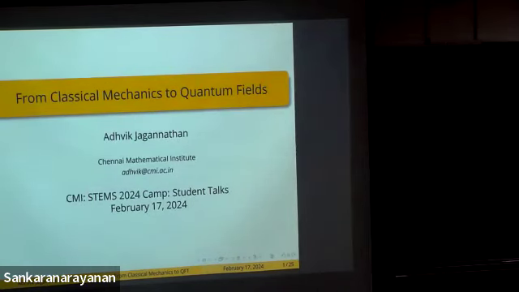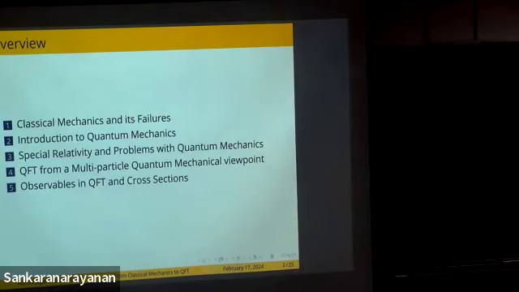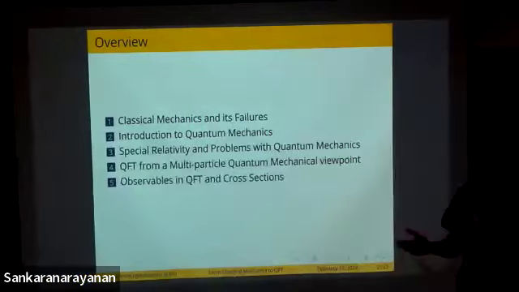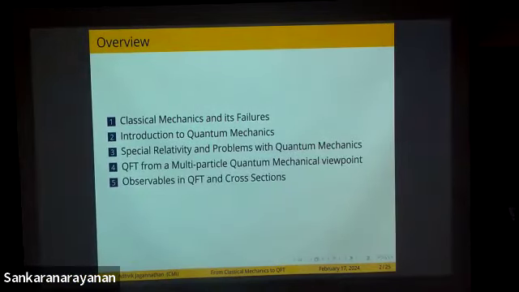So, let me just give an overview of the talk. We're going to start from the basics with quantum mechanics and how it fails. Then I'll introduce quantum mechanics very quickly. It'll be light speed. And we'll see how special relativity does not go well with quantum mechanics and how quantum mechanics has other problems, such as not having a good multi-particle system.